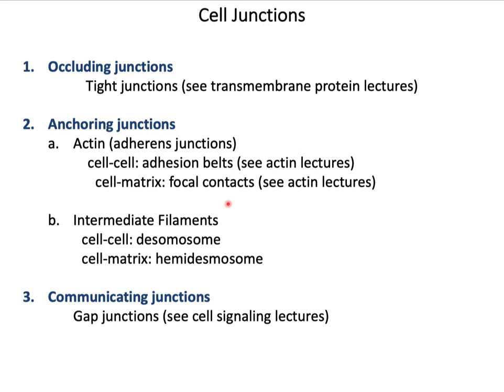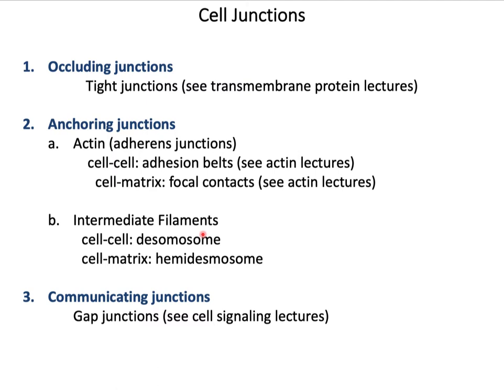Cells can interact with each other and at the same time utilize intermediate filaments, and these junctions are known as desmosomes. And cells can interact with the matrix and at the same time utilize intermediate filaments, and this type of junction is called a hemidesmosome.